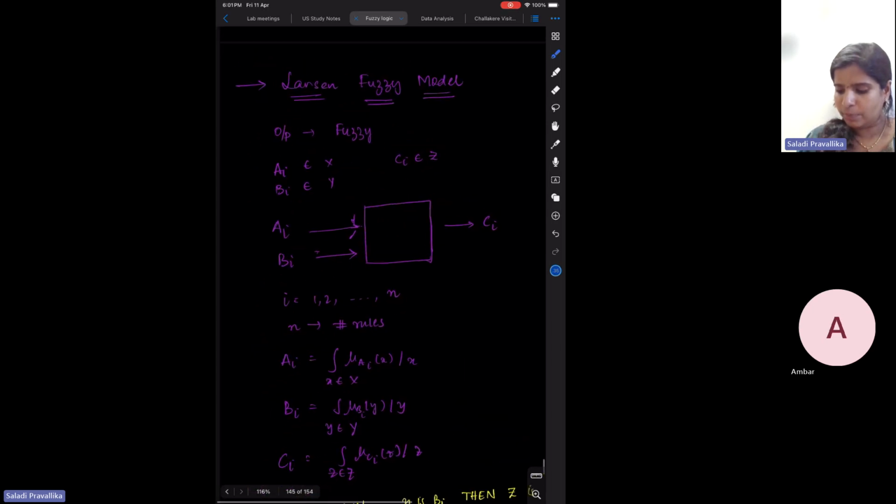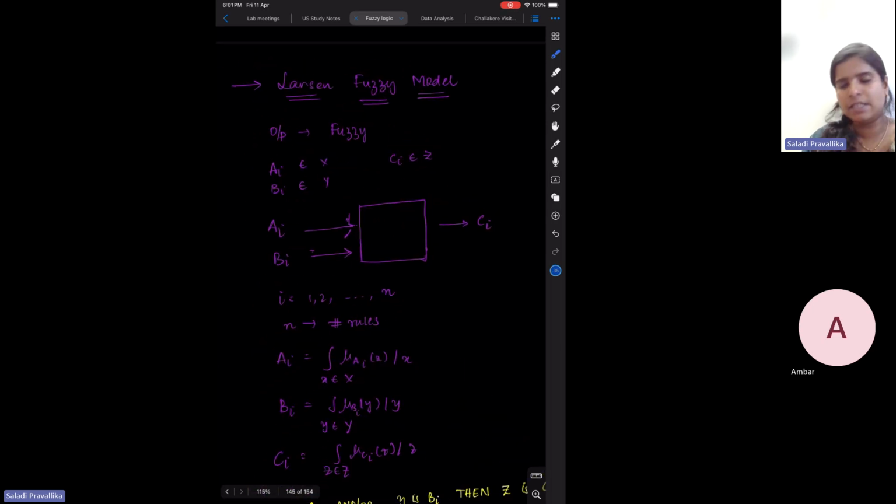In last week's class, we discussed the Mamdani fuzzy model. Today, we will be discussing the Larsen fuzzy model. The Larsen fuzzy model is similar to Mamdani, where you have a fuzzy rule base with around 10 rules.